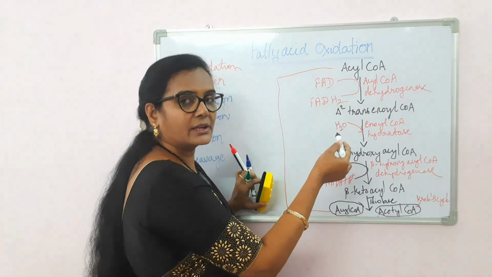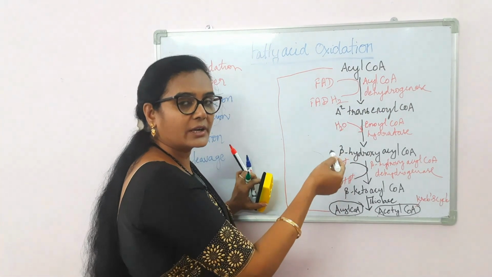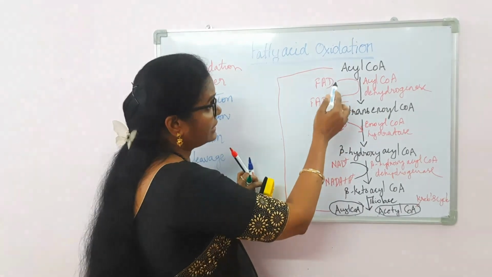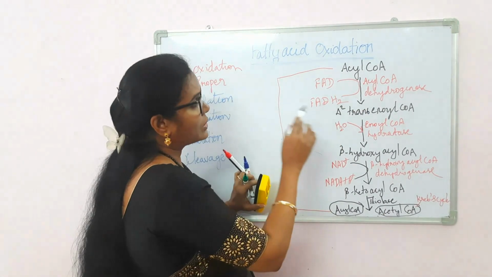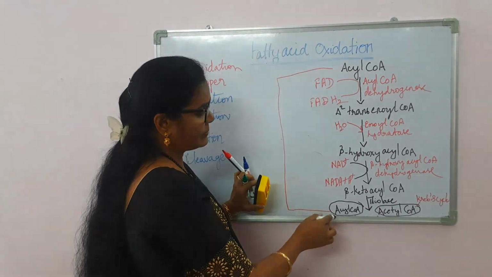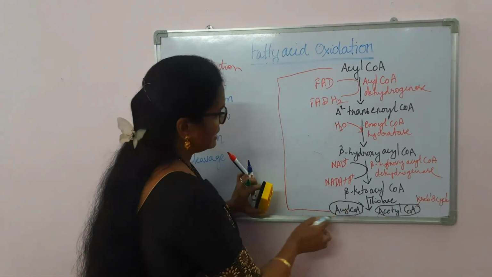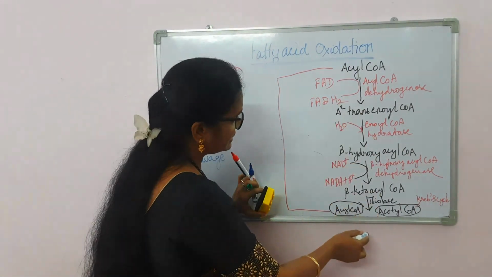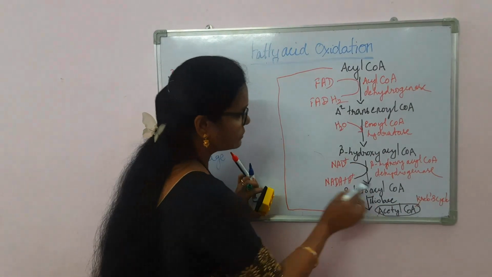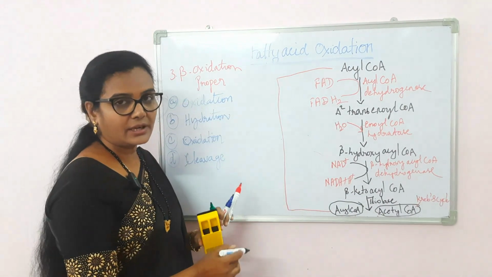The fatty acid that participates in fatty acid oxidation continues until it is completely oxidized. Whatever acyl CoA is formed again enters beta oxidation proper, and ultimately we get acetyl CoA.